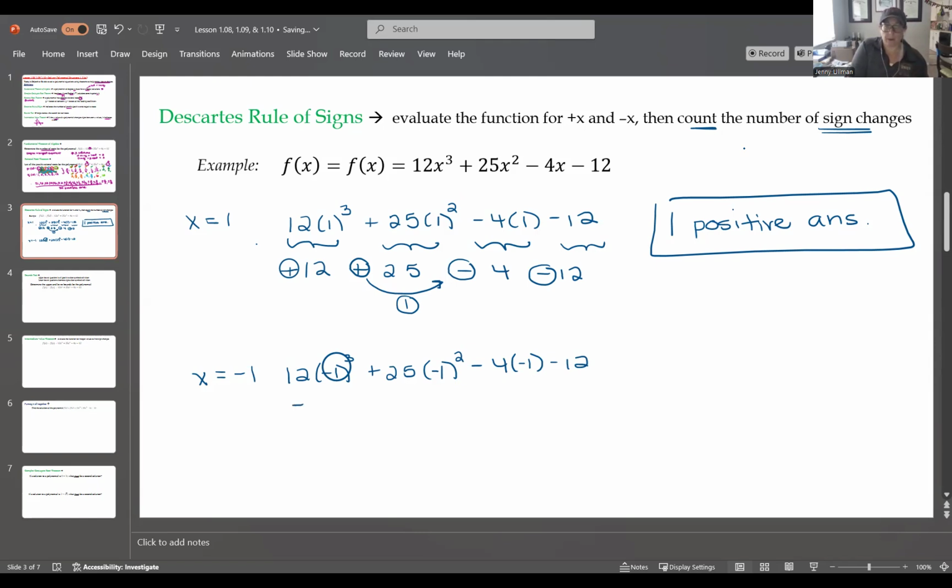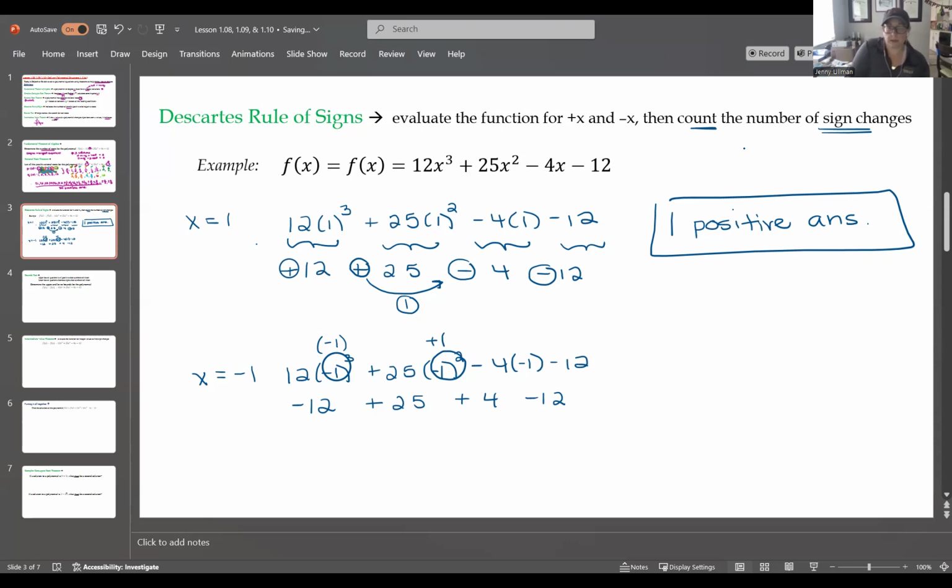When I multiply that by 12, I get negative 12. Negative 1 squared is positive 1. Positive 1 times 25 is 25. Negative 4 times negative 1 will give me positive 4, and then negative 12.